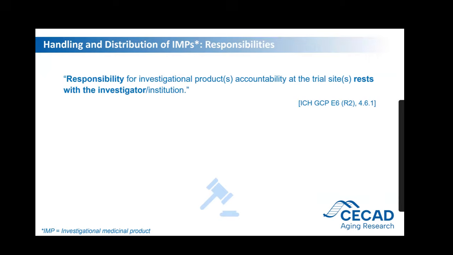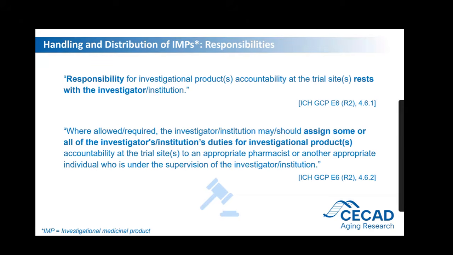Another important point that you have to consider once you know that your subject will come to a trial visit, you have made the radiology aware, the laboratory knows that a new blood sample will come in, is the handling and distribution of the IMP. And the responsibility for the IMP accountability at the trial site is always with you as the investigator.